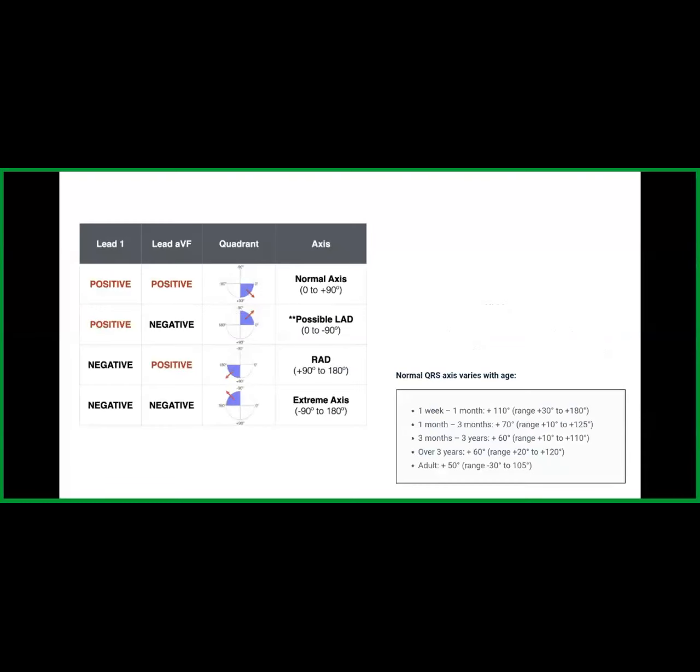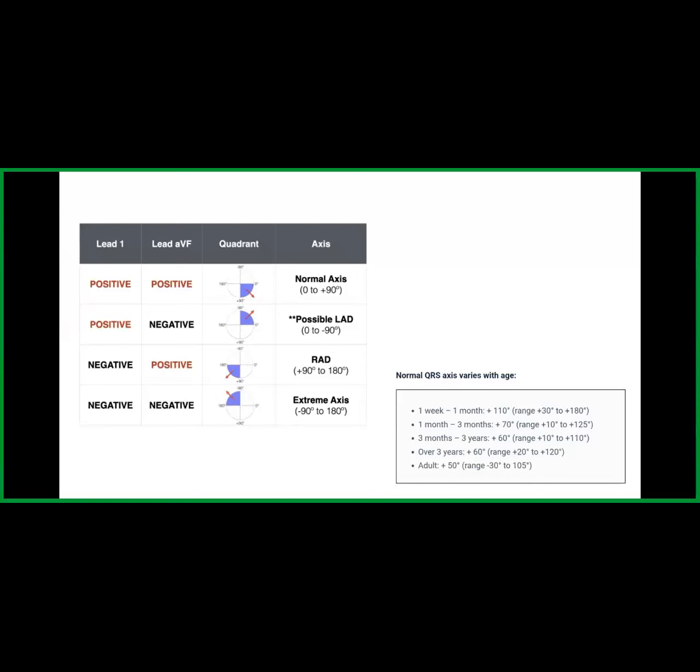To revise the normal AVF and normal axis: in this image, 0 degrees to 180, there is a purple mark in the first quadrant, the normal axis, 0 to 90. Then where we have a negative AVF and a positive deflection in lead 1, the axis is possible left axis deviation.